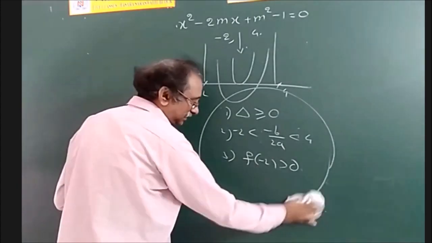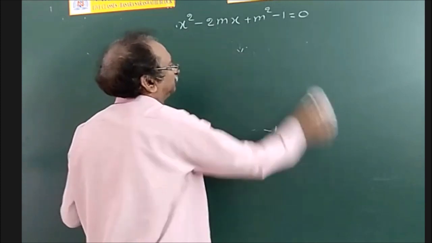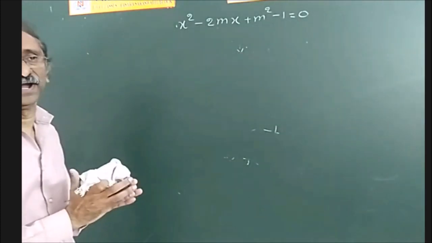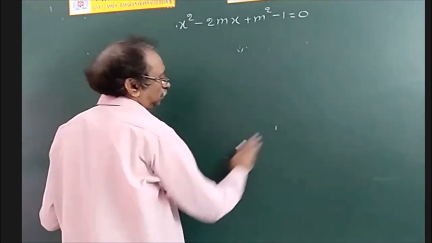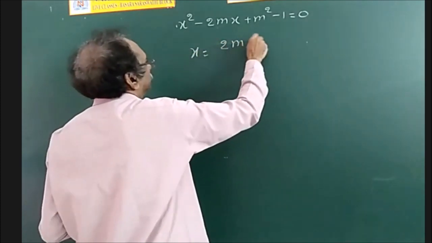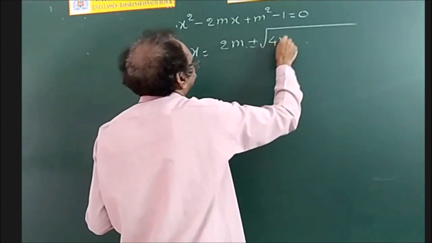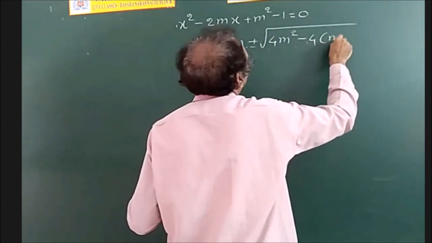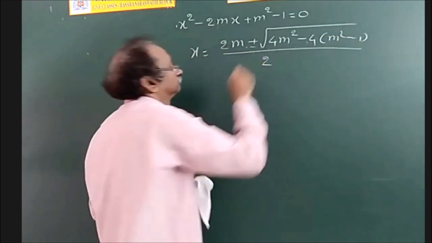But sometimes we can do the problem easily by finding the roots of the equation. If the roots are easy to find, then we can do that problem directly. What is the formula for roots? x is equal to minus b plus or minus root of b square minus 4ac, by 2a.